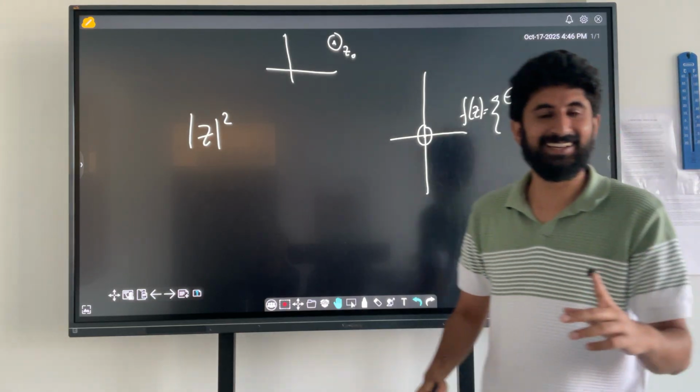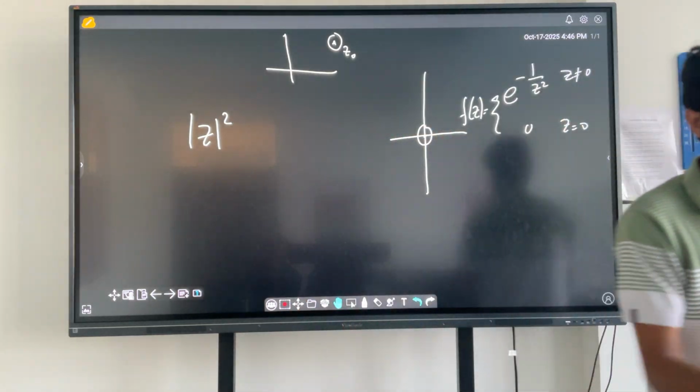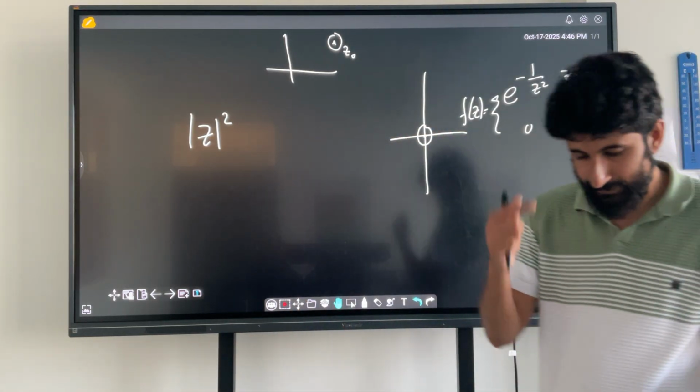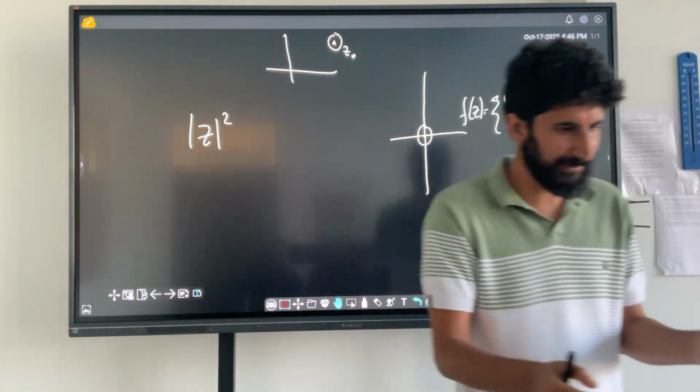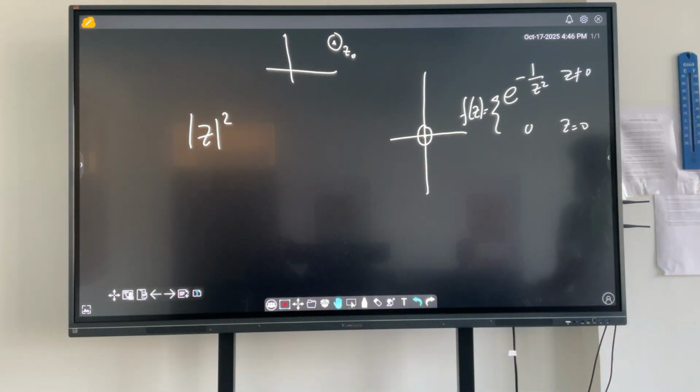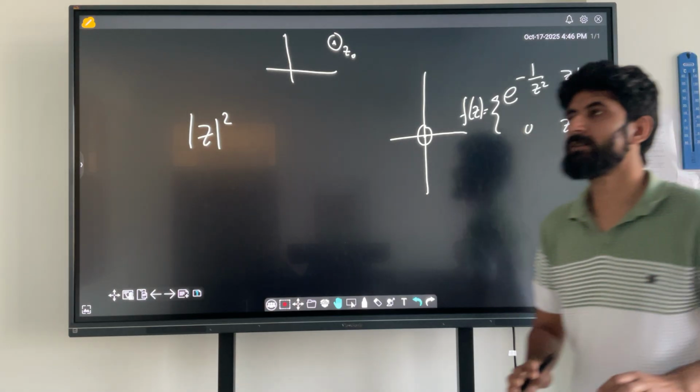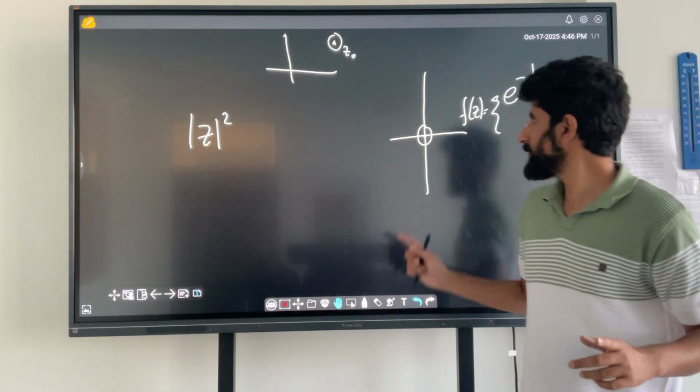This function, I was able to show that the Cauchy-Riemann equations hold, but it is not analytic. The Cauchy-Riemann equations hold, but it's still not analytic, right? But we give an example, right?